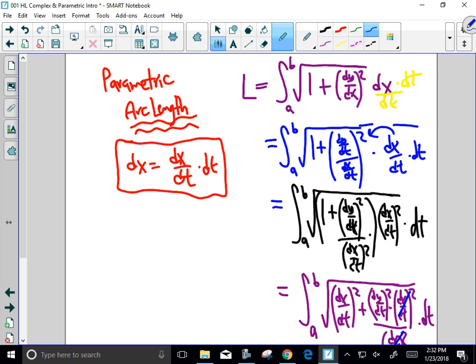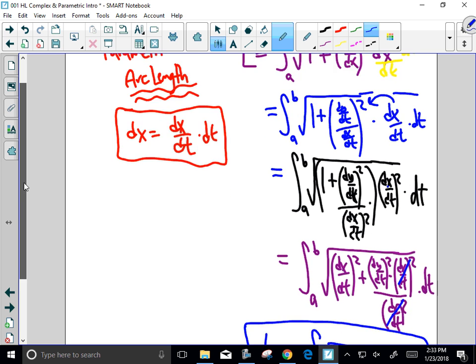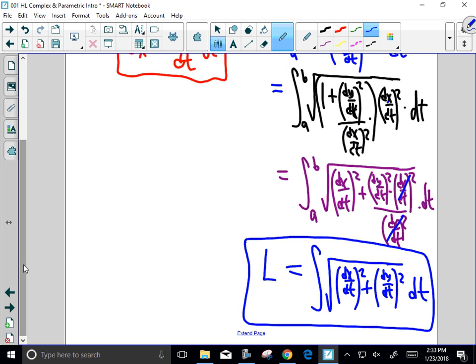And so now this was dx, now it's the square root of dx dt squared. When I multiply here, these are going to cancel out, but this is multiplied by 1. So I get dx dt squared, dx dt's cancel, leaving dy dt. So for a parametric, this is a formula for the length going from A to B.